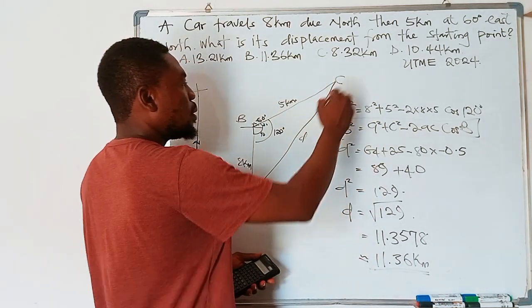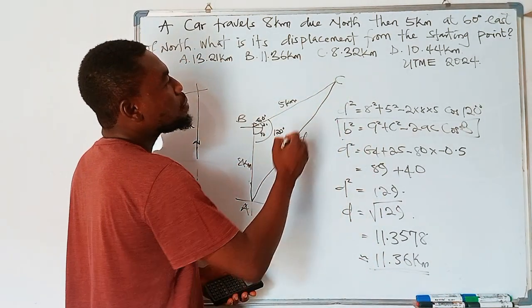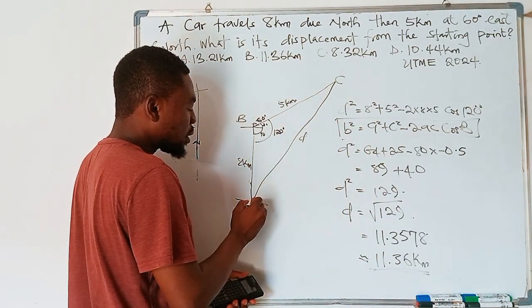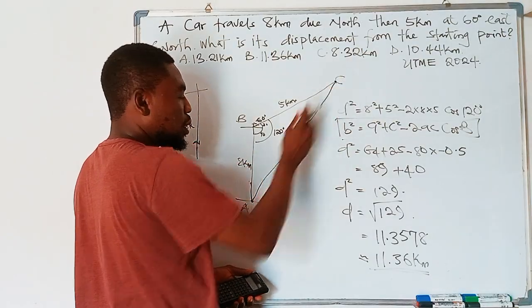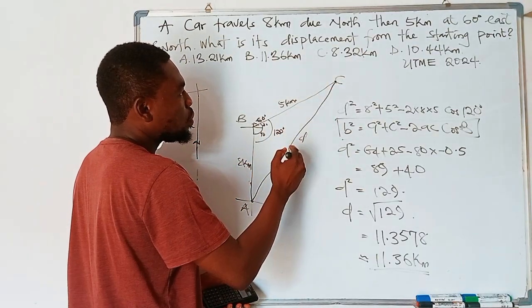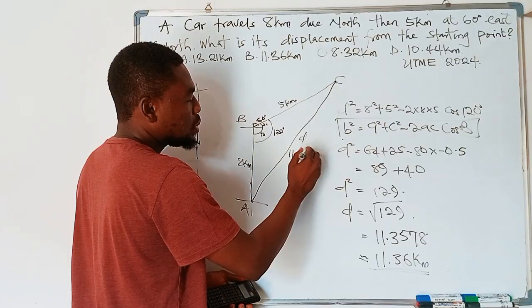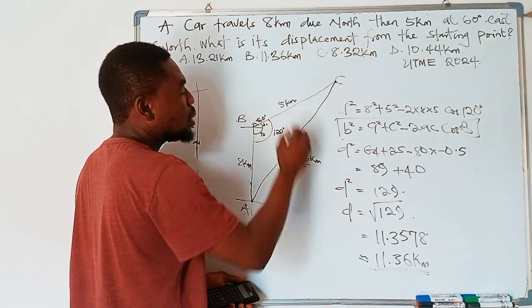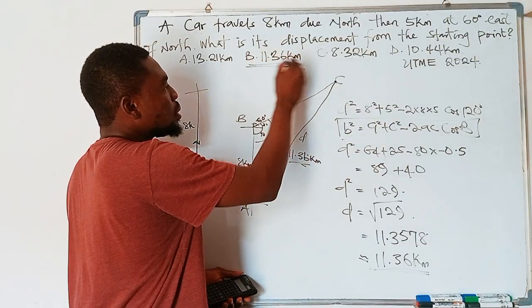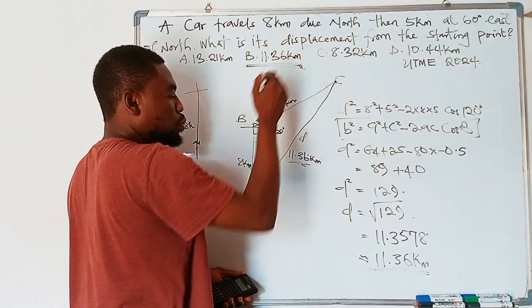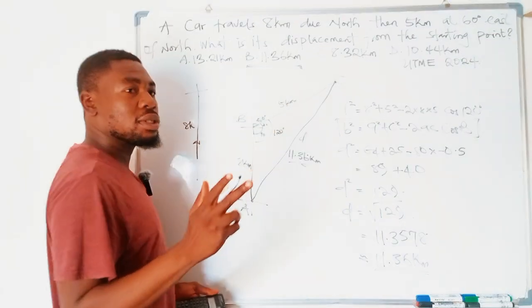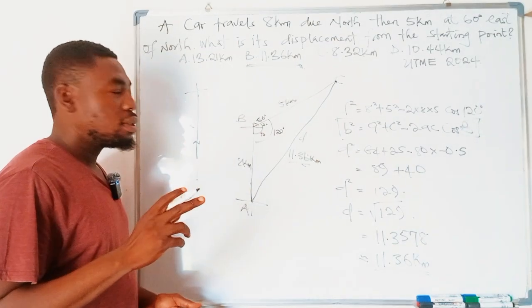So the displacement from the starting point, this is the starting point, this is the ending point, the displacement is this line, which is 11.36 kilometers. And on our options, 11.36 is B. So B is our answer. This is the second question in JAM 2024.